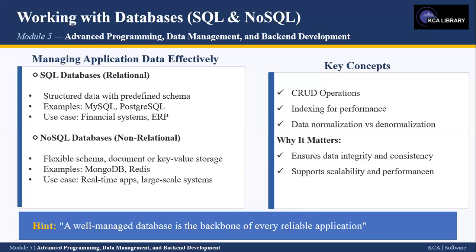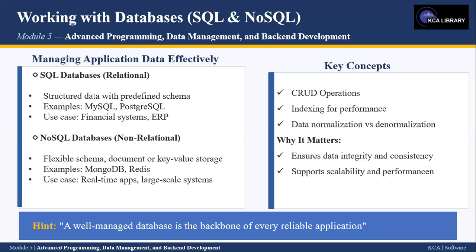Every backend needs a database. You have two main choices: SQL, relational, like MySQL and PostgreSQL. Structured schema, strong consistency. It is best for financial systems, ERP, any data with clear relationships.